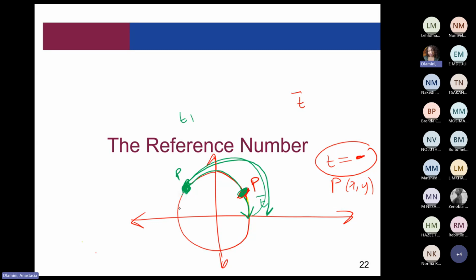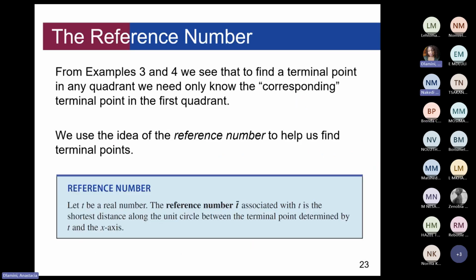It's this point to the x-axis. So this is my t bar. If my P here is determined by some value of t, then my shortest distance to the x-axis is this one, and not this one. Are we together, guys? Yes, ma'am. So that's what we call the reference number.